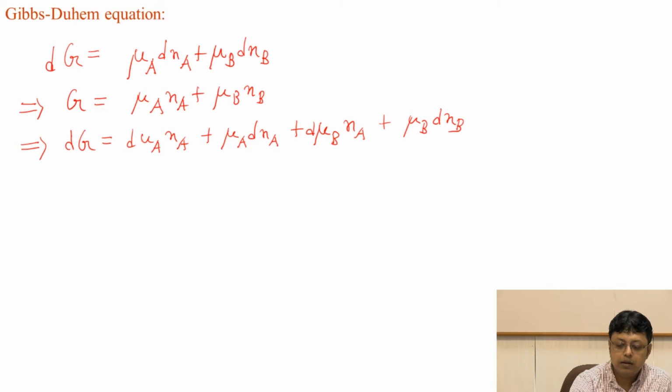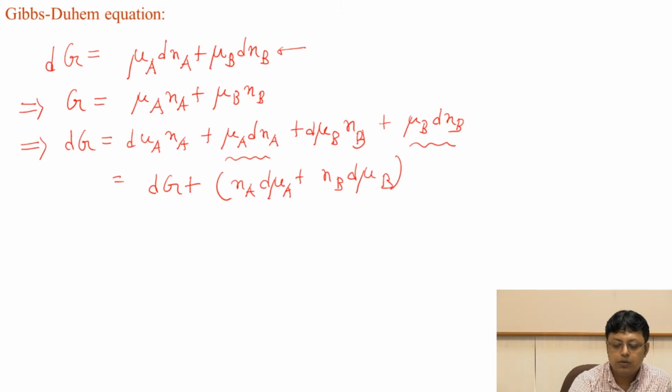But you can easily see that two of these terms are nothing but dG itself. So it is dG plus NA d mu A plus NB d mu B.